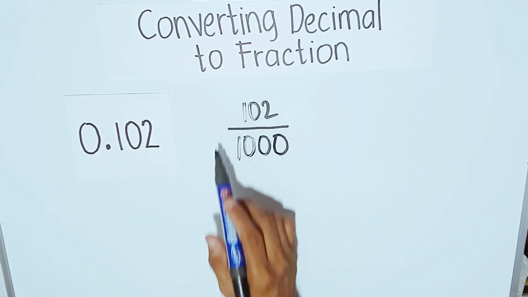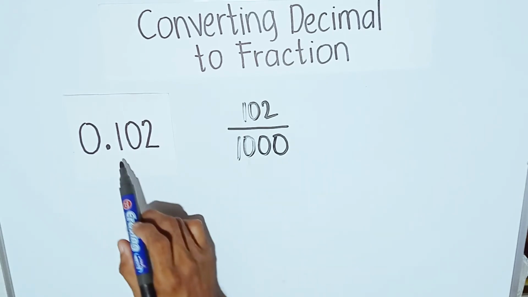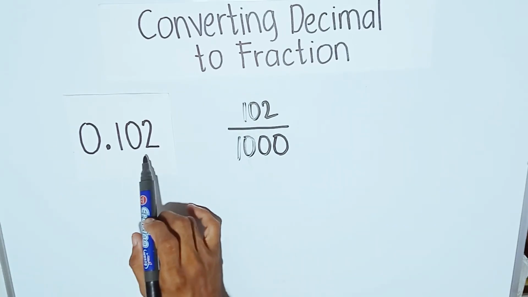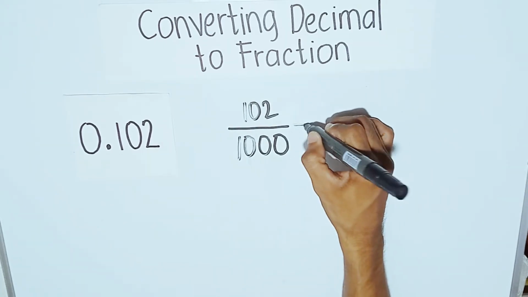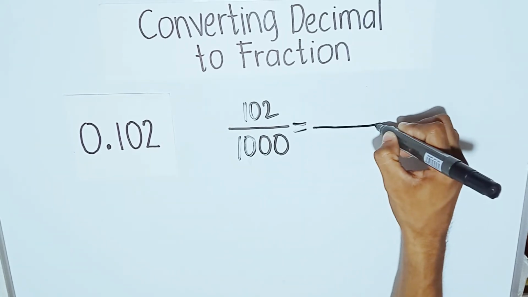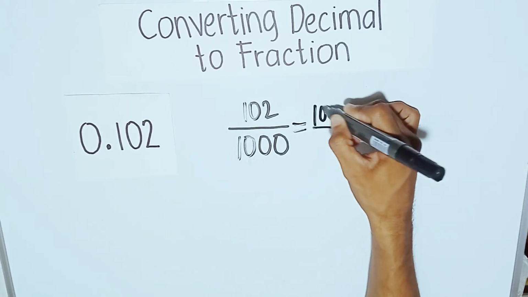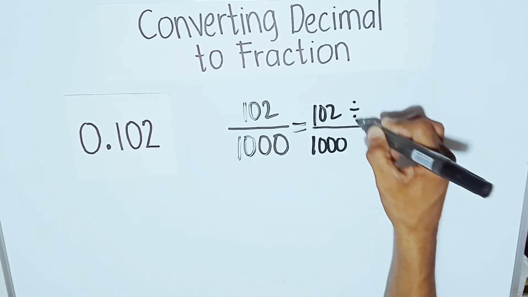At ang denominator natin is magdidepende kung ano ba ang place value ng numerator natin na kinuha dito. So, meron tayong thousandths place. So, meaning to say, our denominator will be in the thousandths place. Next thing we need to do is to reduce this fraction into lowest term. Next, ano kayang pwedeng makapag-divide sa 102 and 1,000?